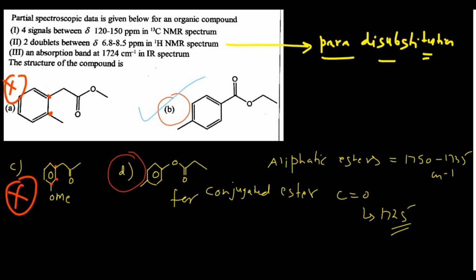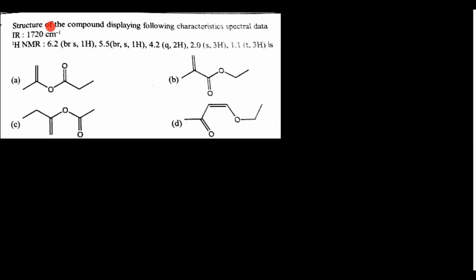Now moving to the next problem. It says: the structure of the compound displaying the following characteristic spectral data, where the IR value is given as 1720 centimeter inverse, and the proton NMR has the following properties.